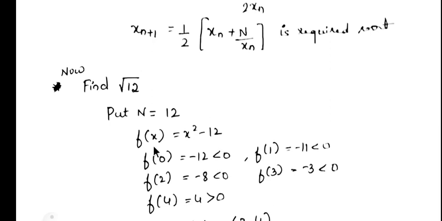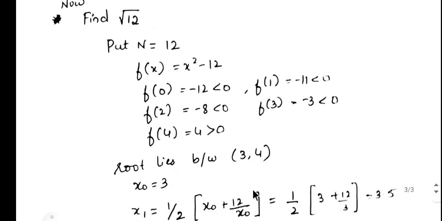When I substitute x is equal to 0, I'll get minus 12, which is less than 0. When I substitute 1, minus 11, it is not going to satisfy. When I substitute 2, I'll get minus 8, then also not satisfy. When I put 3, again it is not going to satisfy. When I put 4, the answer will be 4, it is greater than 0. Therefore the roots lie between 3 and 4.